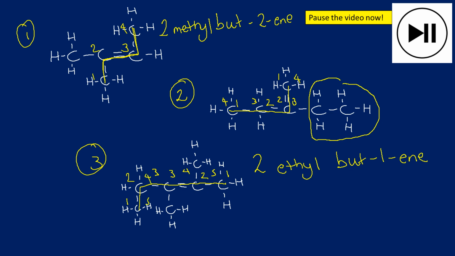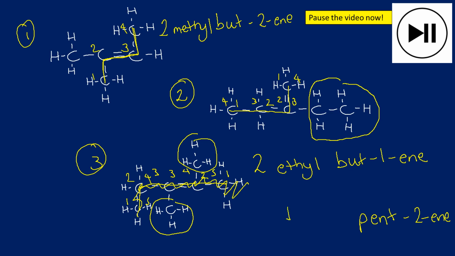So this is pent-2-ene. So that's the pent-2-ene there. And there's 2 methyls. So it's dimethyl. And I need to number the positions of the methyls. It's a 2,3-dimethylpent-2-ene.